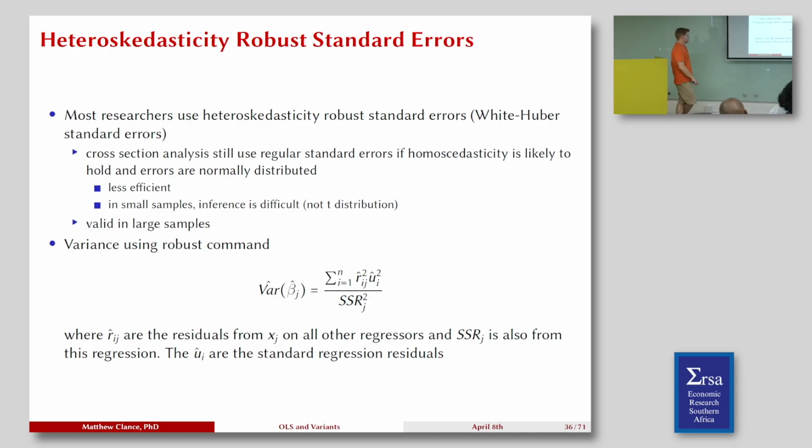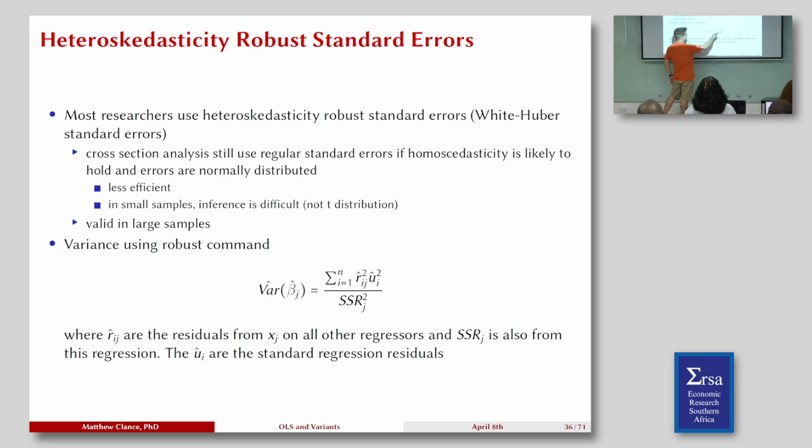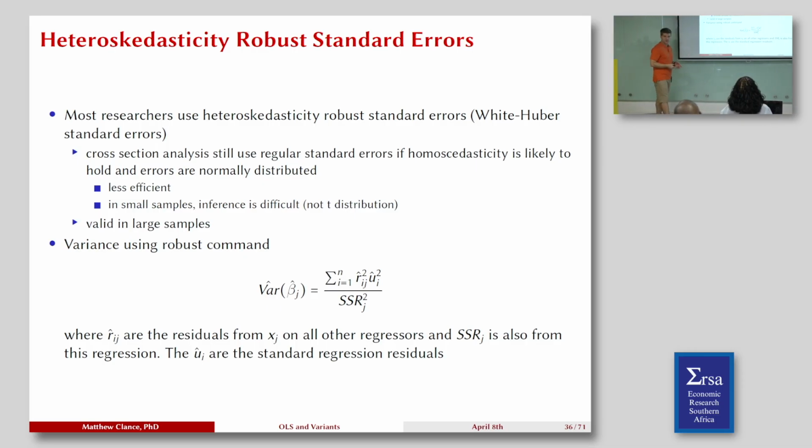Then, with the SSR from that regression as well, we can create an adjustment to the variance of that particular variable's coefficient. So this is an after-estimation type procedure when you run robust. If you're concerned about heteroscedasticity, you can test for it. I will tell you that most of the time the test says that there are heteroscedastic errors. That's the general result.